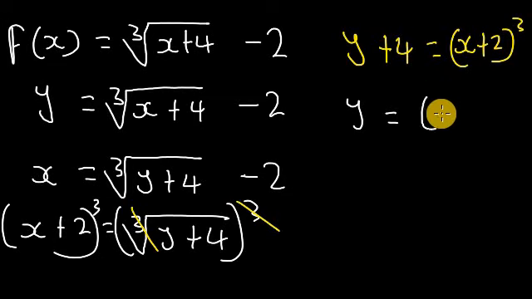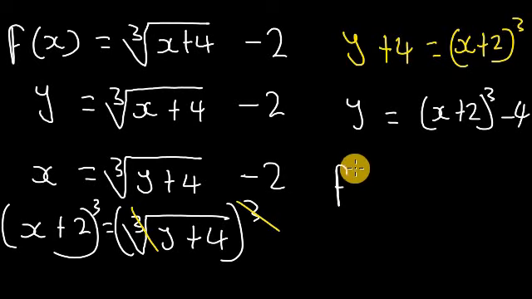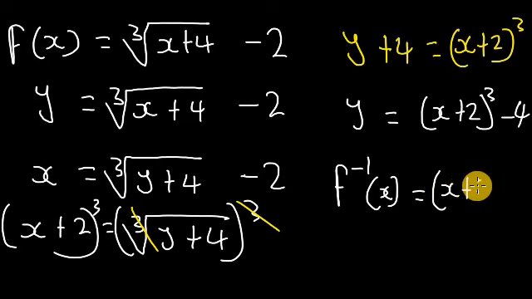So I have x plus 2 all to the power of 3, then minus 4. Then lastly, I will replace y with f to the power of negative 1 of x, and I'm going to rewrite the expression. And I have x plus 2 all to the power of 3 minus 4. And this is my final answer.